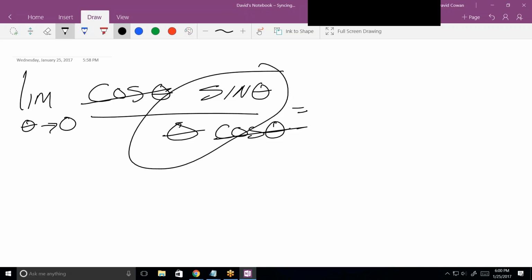Sine of theta over theta as theta goes to 0. It's the one they make you memorize. Oh, 1. Right. The only two that I know of that they're just going to give you and say memorize are this one and then the 1 minus cosine theta over theta.